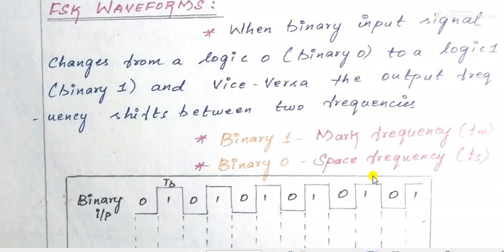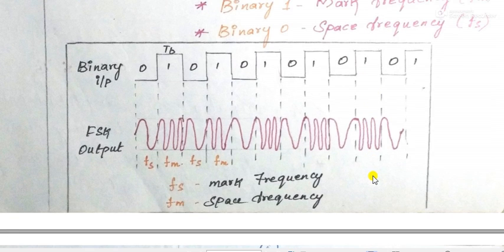FSK waveform, and this is the binary data sequence 0 1 0 1 0 1. It is on-off, higher pulse and lower pulse. For 1 it is a higher pulse, for 0 it is a lower pulse for the binary input data sequence. And imagine that we have two frequencies, F0 and F1.